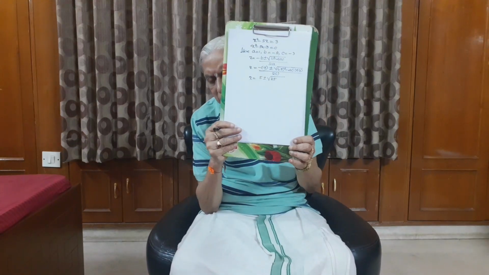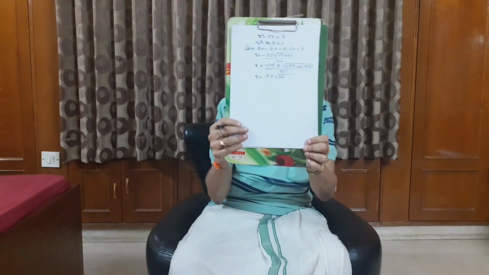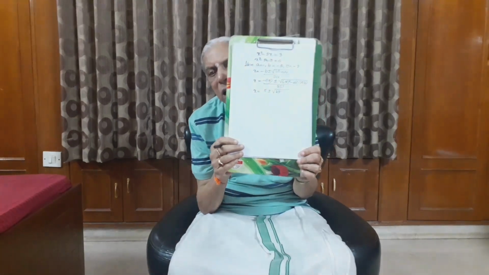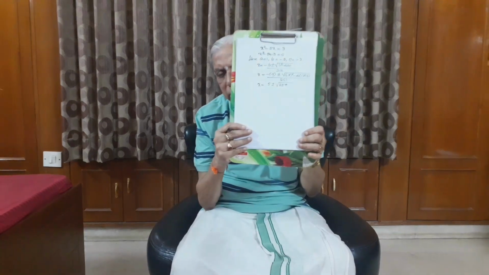X is equal to, what is minus of minus 5? It is plus 5. Plus or minus square root of, what is minus 5 the whole square? It is plus 25. This is very important. First time a plus comes: minus 5 the whole square is 25. Then minus 4 into 1 into minus 3. This is where you make mistakes. A double minus comes. Minus into minus should be made plus, but you don't do that. You just put a straight minus. No, minus into minus becomes plus. Then what is 4 into 1 into 3? That is 12. So 25 plus 12 divided by 2 into 1 means 2.